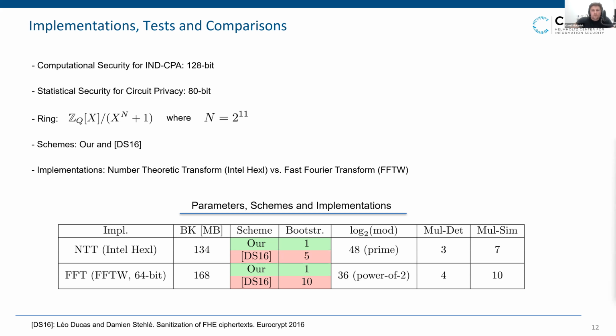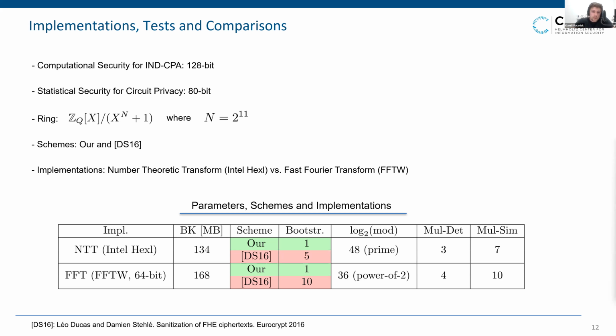Then the parameters for each implementation are chosen such that the bootstrapping keys for my scheme and DS16 are the same, and both schemes can be run in 2 modes.